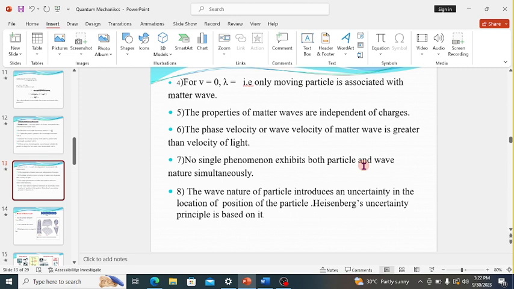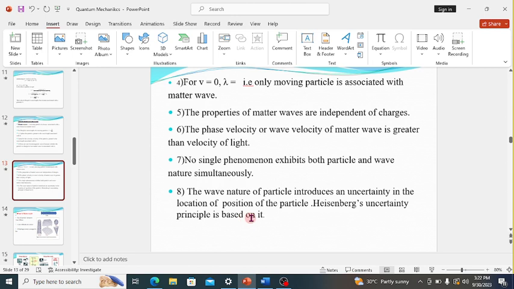No, you may be in the canteen, you may be roaming in the ground. So I cannot give the exact location of you. So the wave nature of a particle introduces an uncertainty in the location of the particle. The location is uncertain. So this leads to Heisenberg's uncertainty principle.